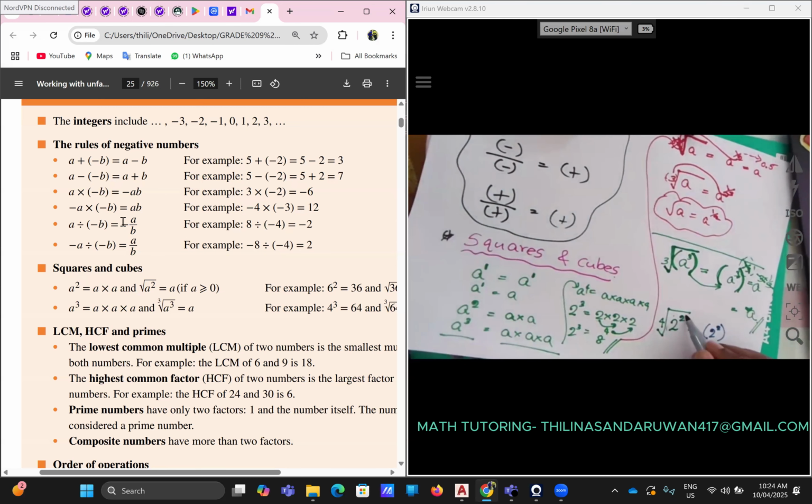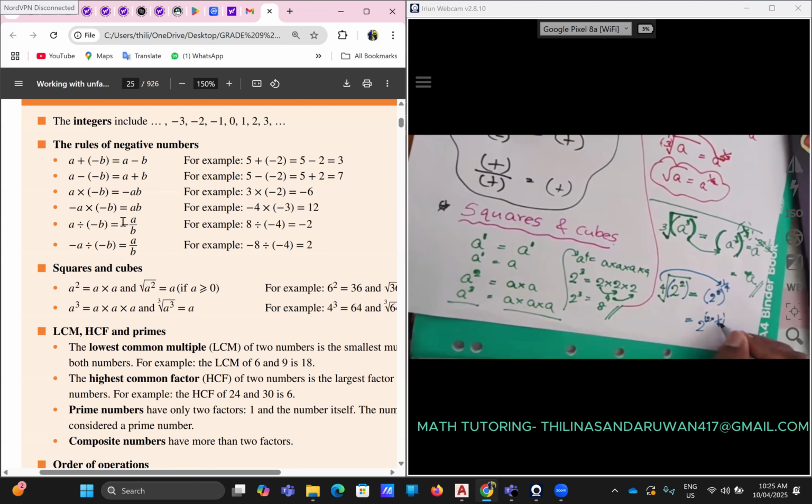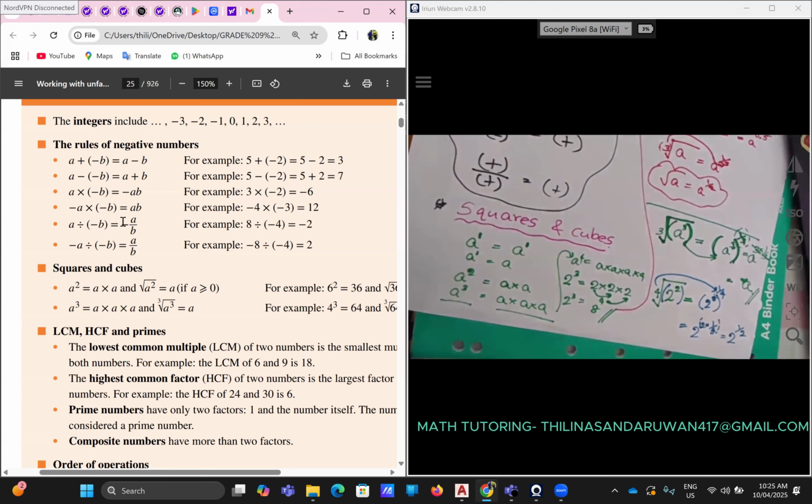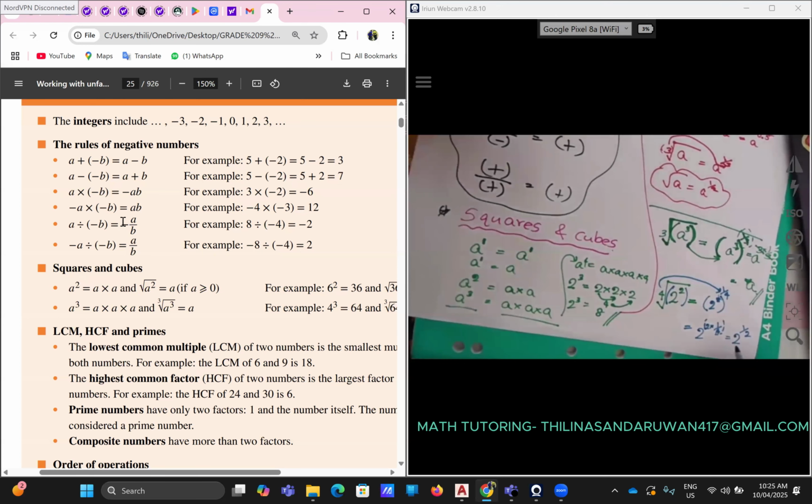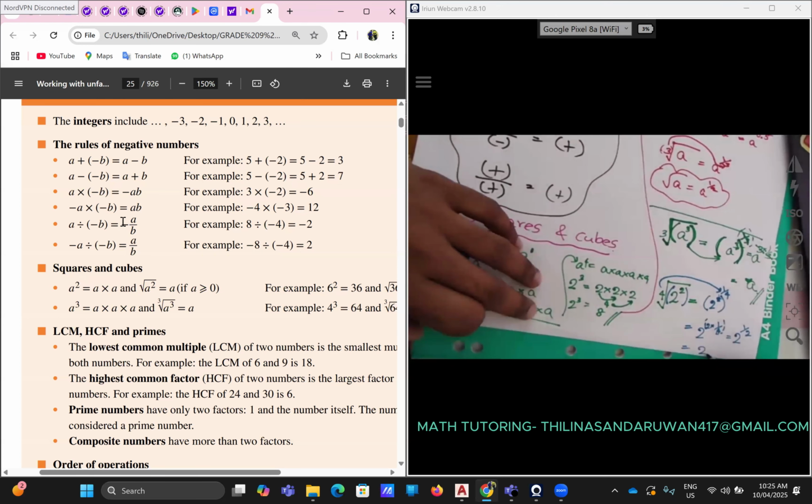Then I should bring this one here, and then I should multiply these powers like this. I can divide 4 by 2, which means 2 to the power of 1 over 2. This is the answer. Or 2 to the power of 0.5.